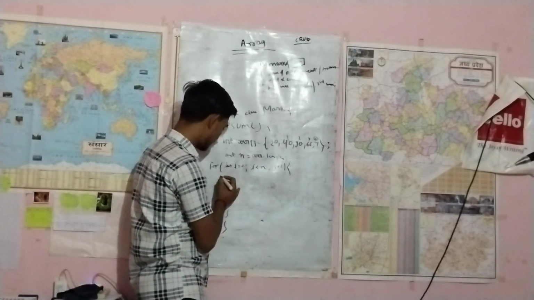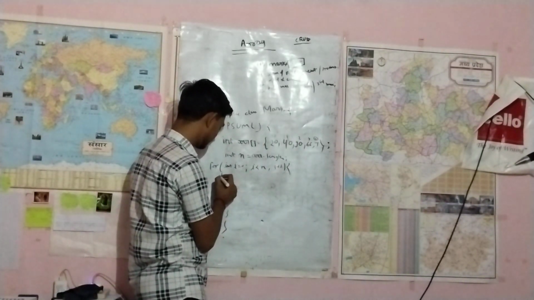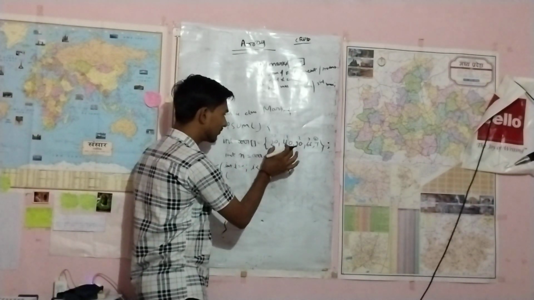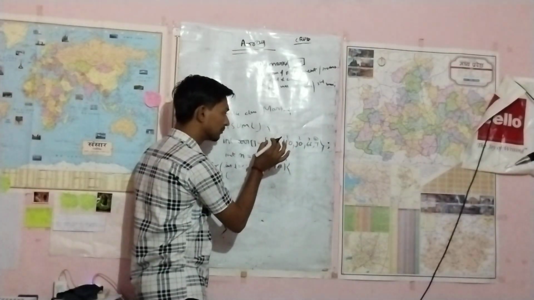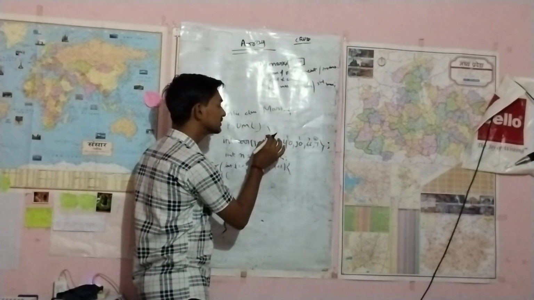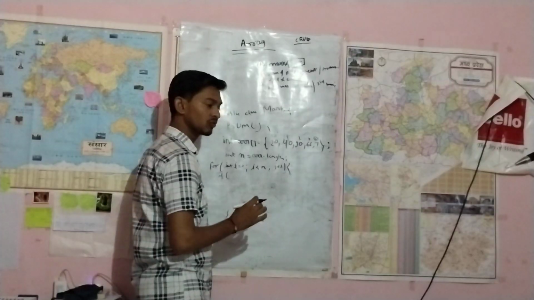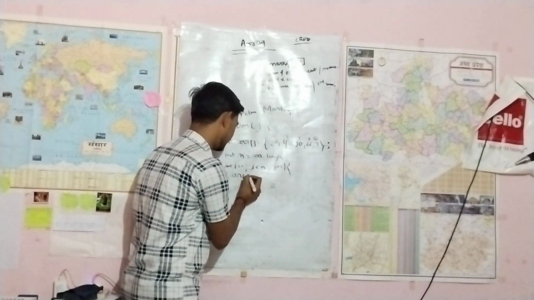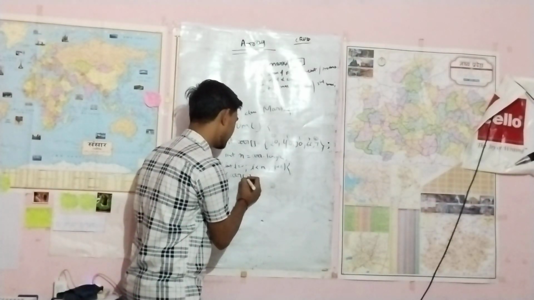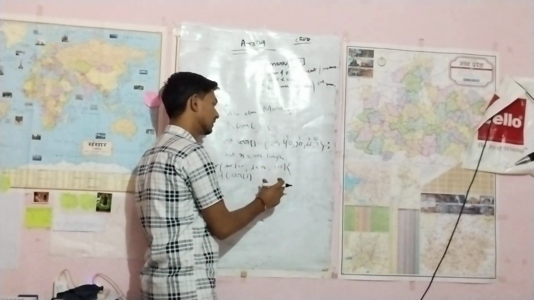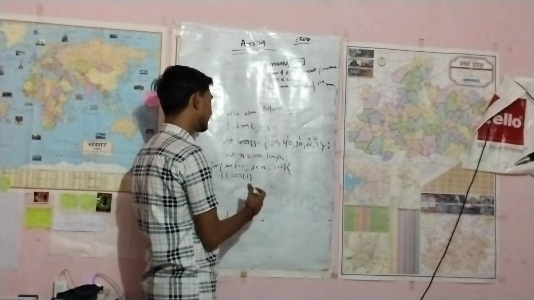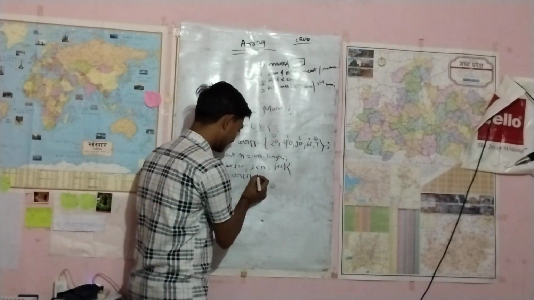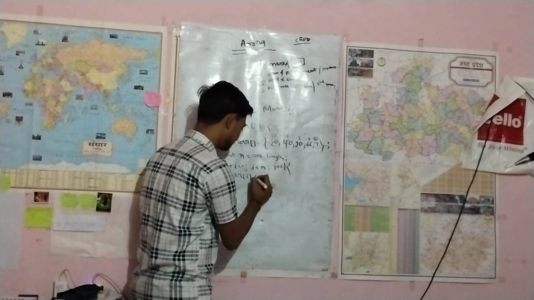So you have to write here if array of ith element. We are writing i here so that we can traverse each and every element, right? Is the element less than 35 or not?